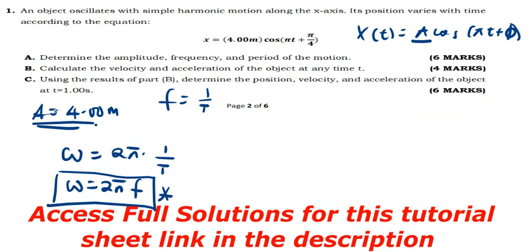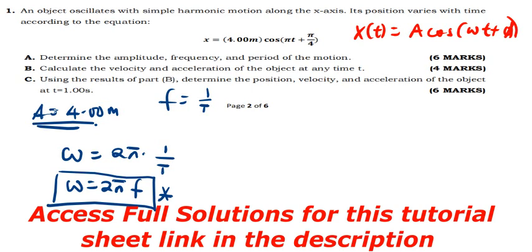Let me go back a bit to this equation. X as a function of time is given by A cos Wt plus phi.